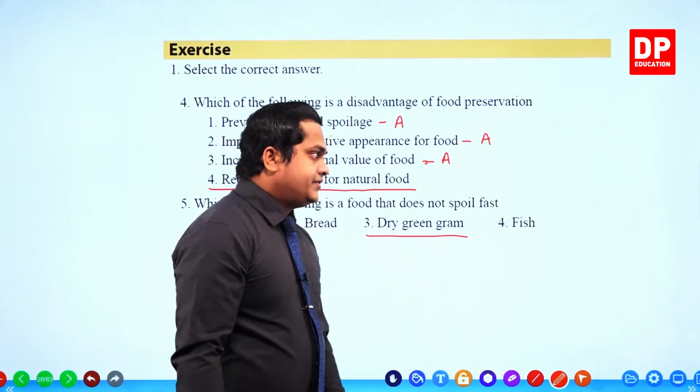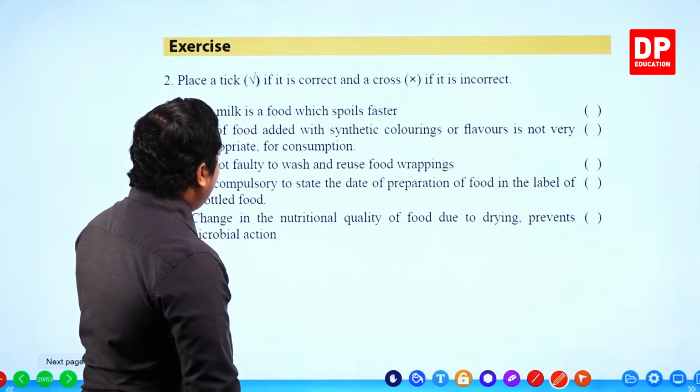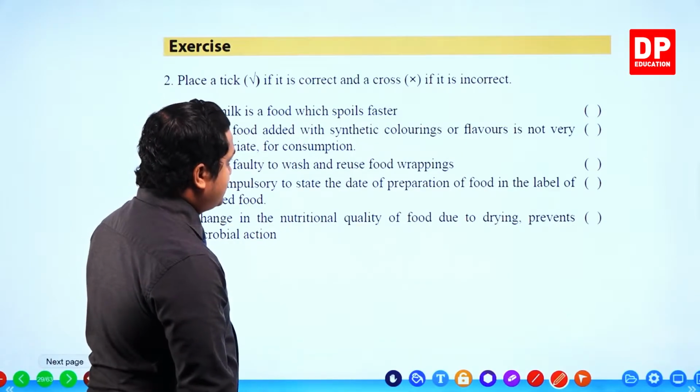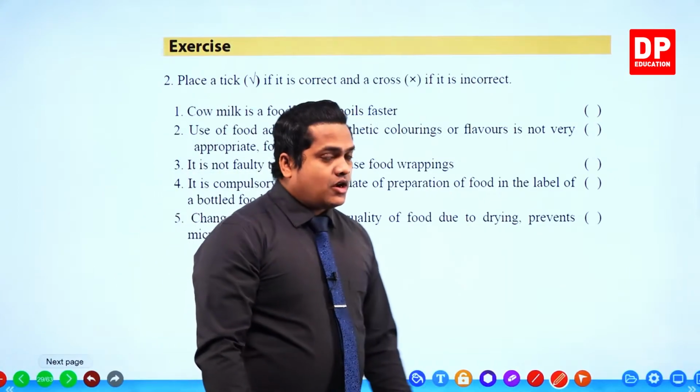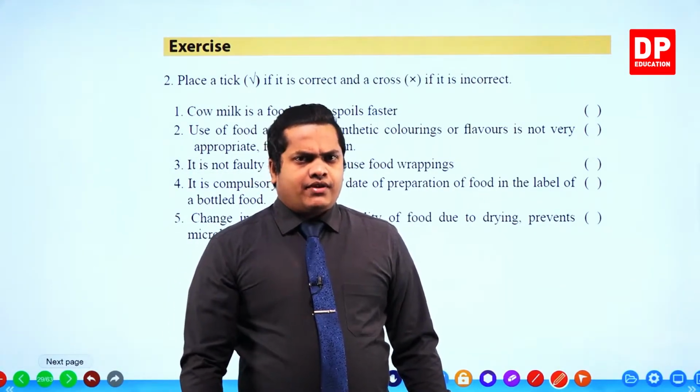Right. So the second type of question: place a tick if it is correct, and a cross if it is incorrect. Cow milk is a food which spoils faster. So, my dear children, cow milk is a food that spoils faster. What do you say? It's correct, right?